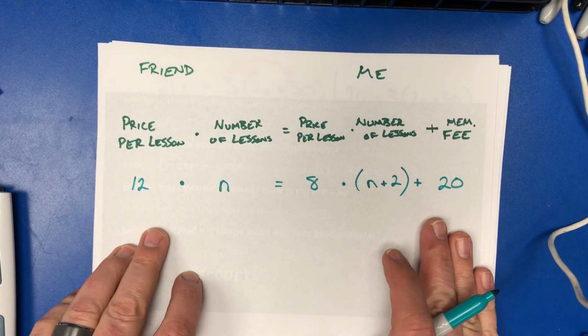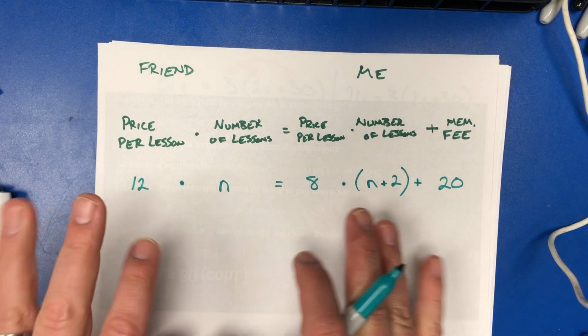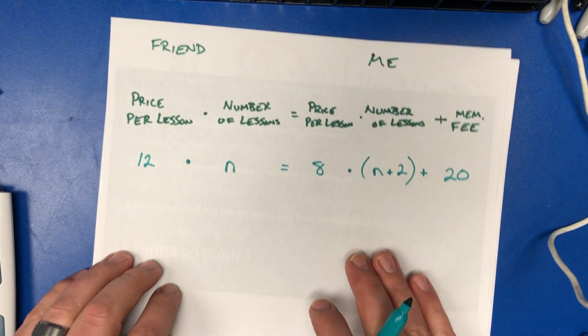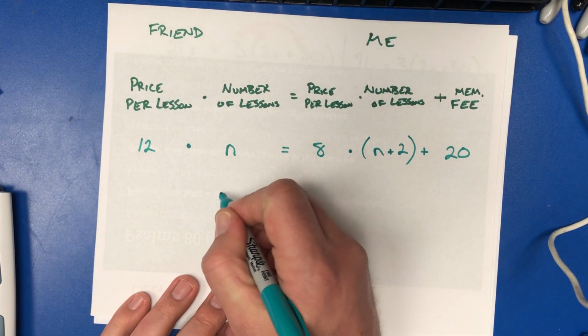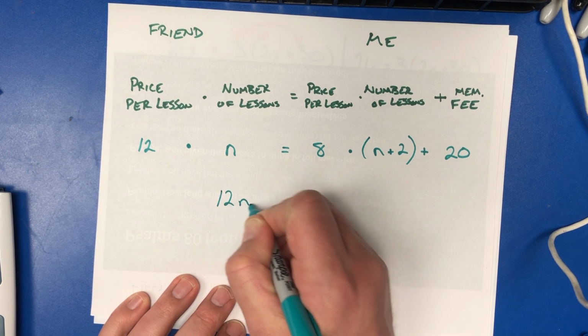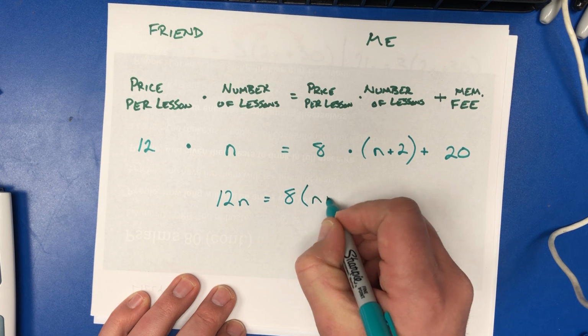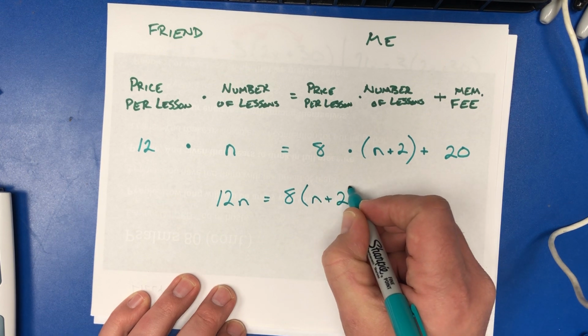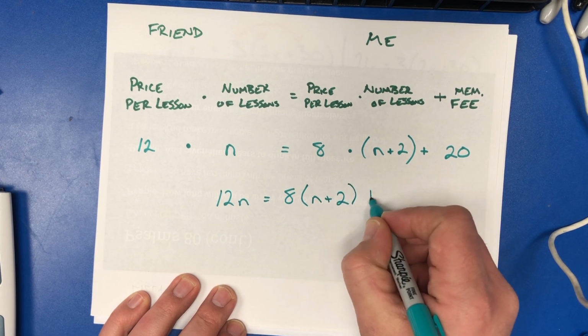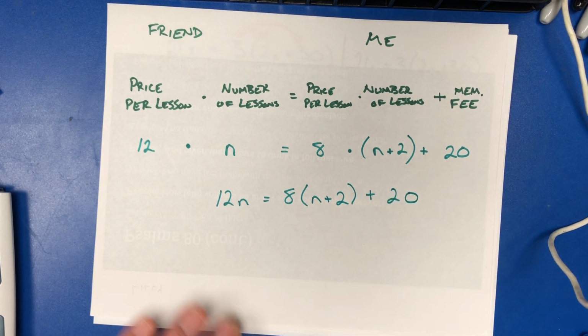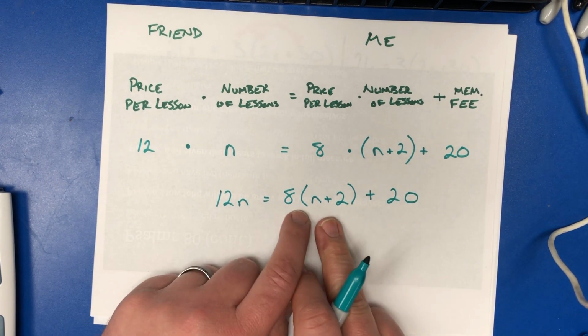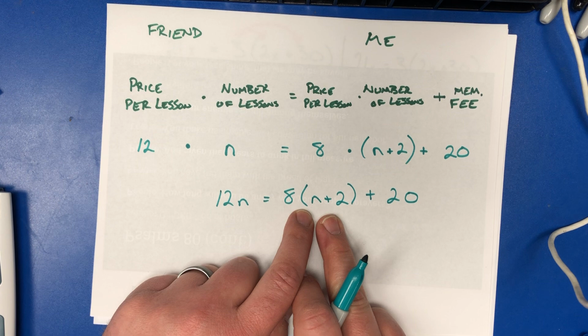This is not necessarily a good format, math grammar, I guess I would say. So I'm going to rewrite this as 12n is equal to 8 times n plus 2, plus 20. Now I've got these parentheses here.